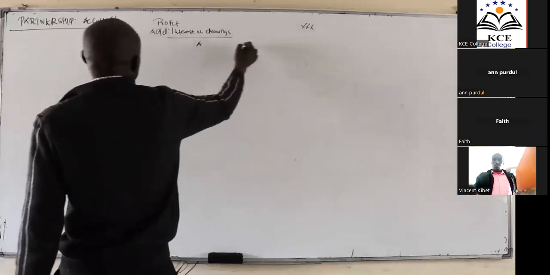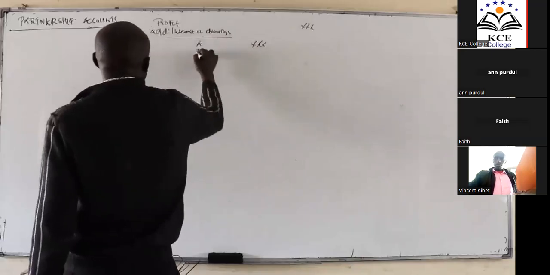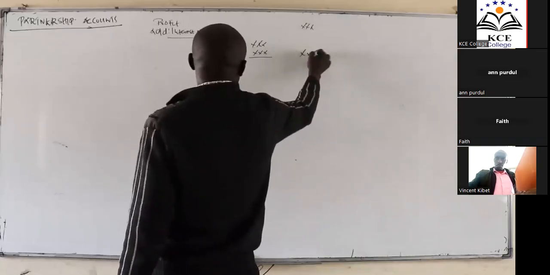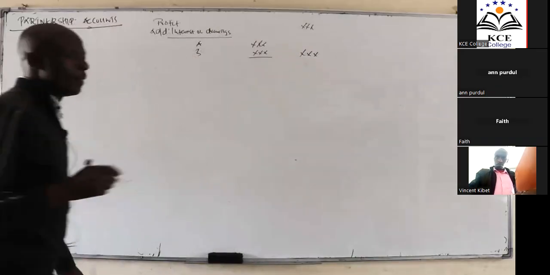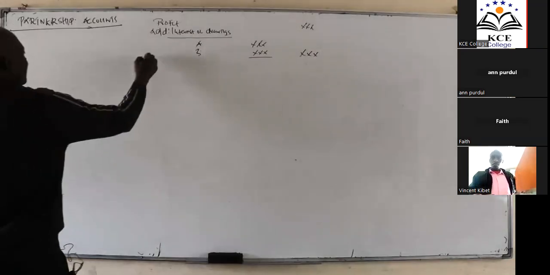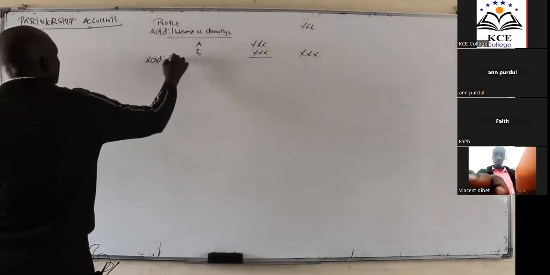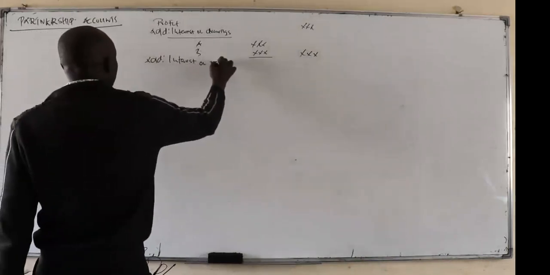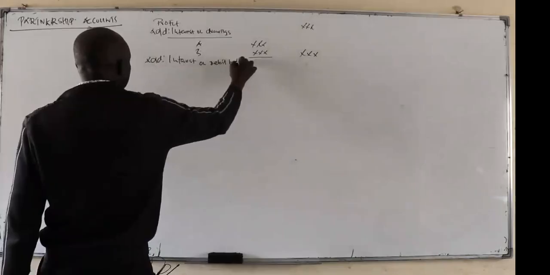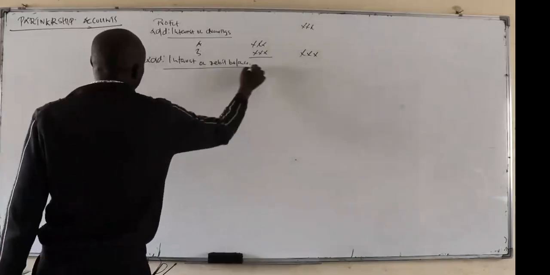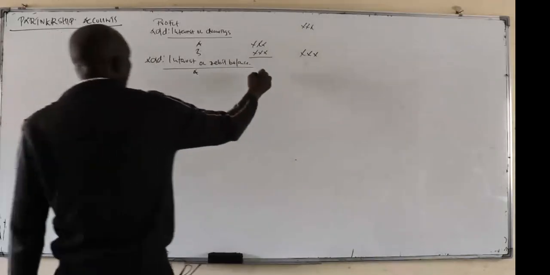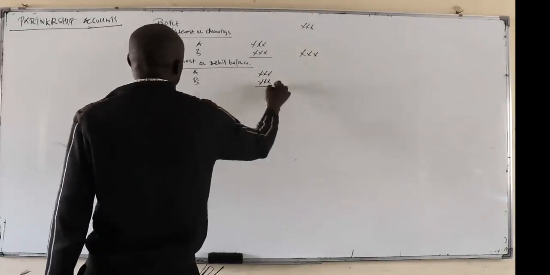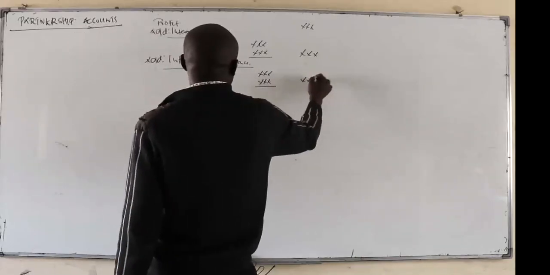You have partner A, then partner B. Then you add interest on debit balance. We have partner A, then partner B, so you add those two.